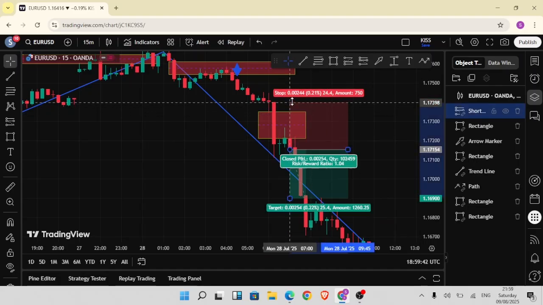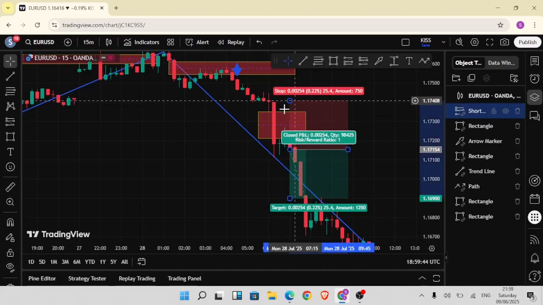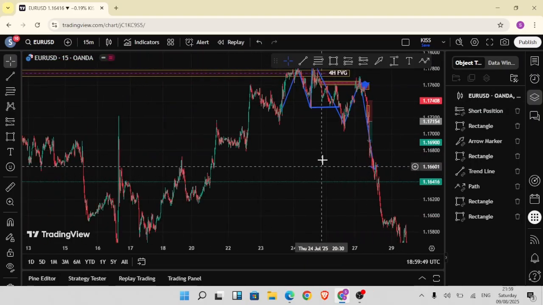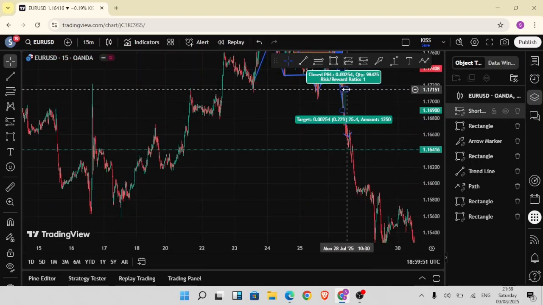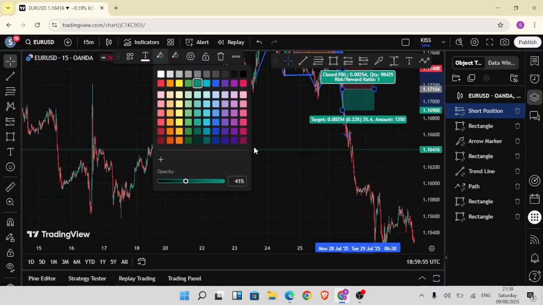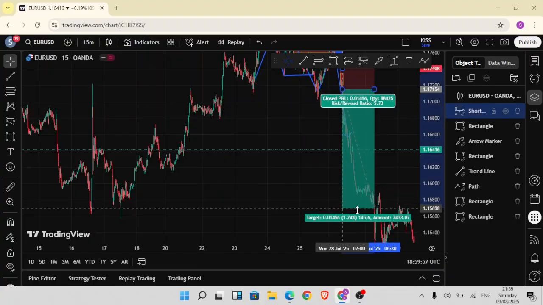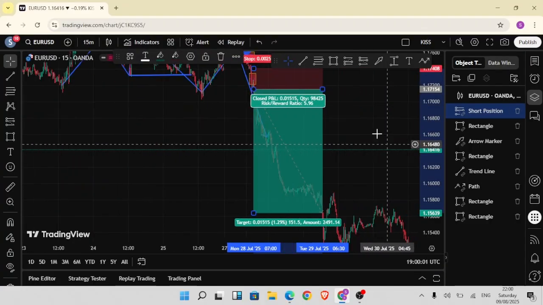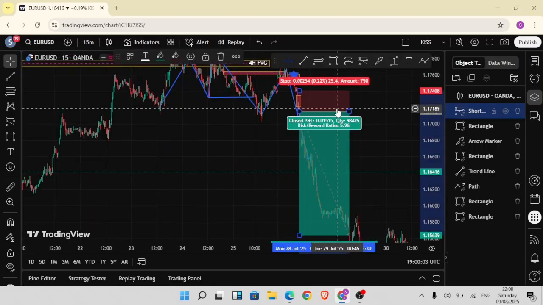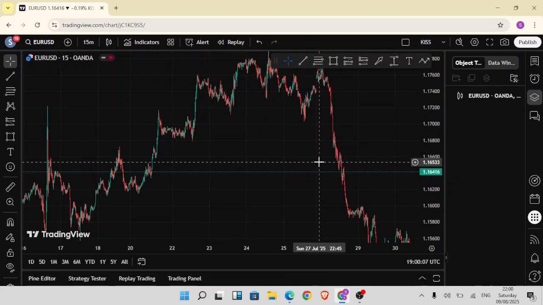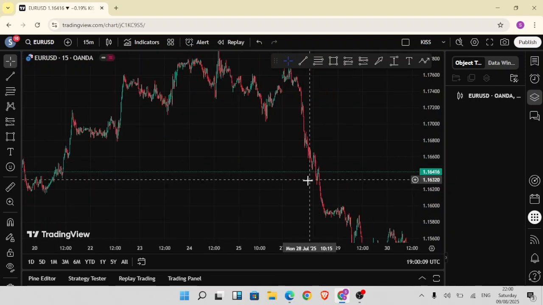Entry right there, stop loss at this high or at the high of the candle that gave us that fair value gap, targeting again those relative equal lows. Targeting those relative equal lows at this point, and we have that, right? 5.96.